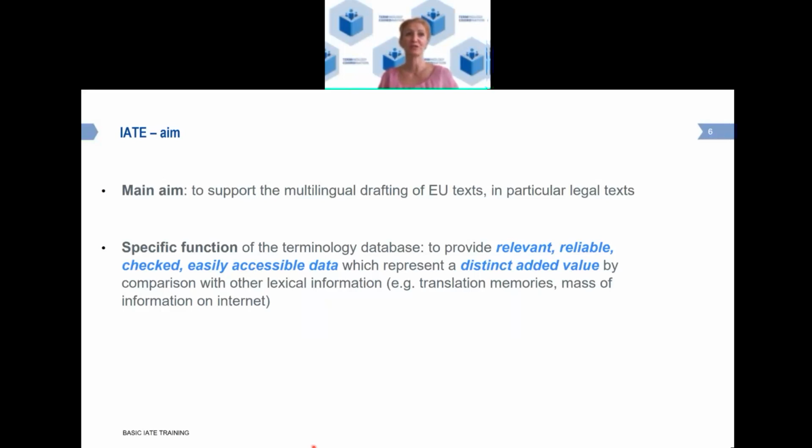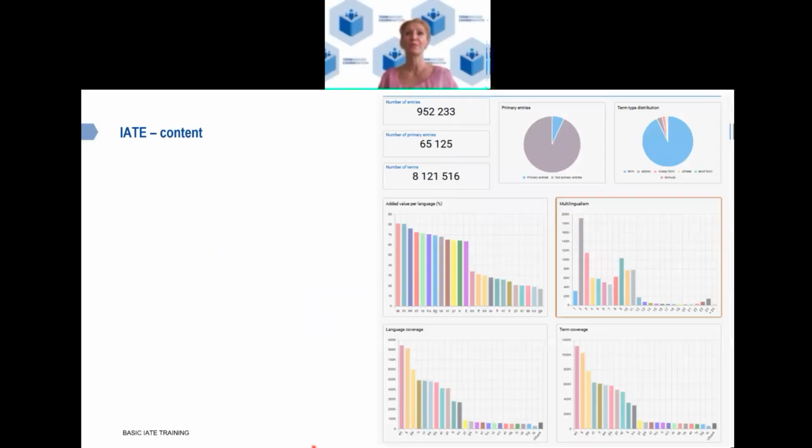And the specific function of the terminology database is to provide relevant, reliable, checked, easily accessible data, which represent a distinct added value by comparison with other lexical information. This is what I said in the beginning, comparing it with Euramis, with Quest, with other tools. This is the normative terminology tool.